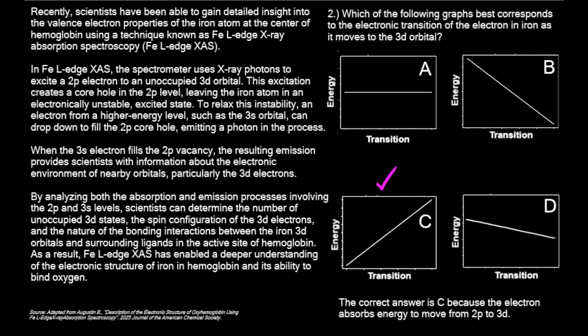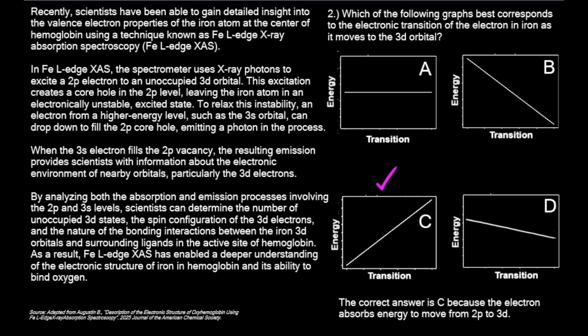So therefore, the correct graph must show the electron initially at a lower energy level, which is the 2p energy level, and then ending at a higher energy level, which is the 3d after the transition. Options A, B, and D are not correct because any graph that shows no change in energy, a drop in energy, or a final energy level lower than the starting point is not correct.